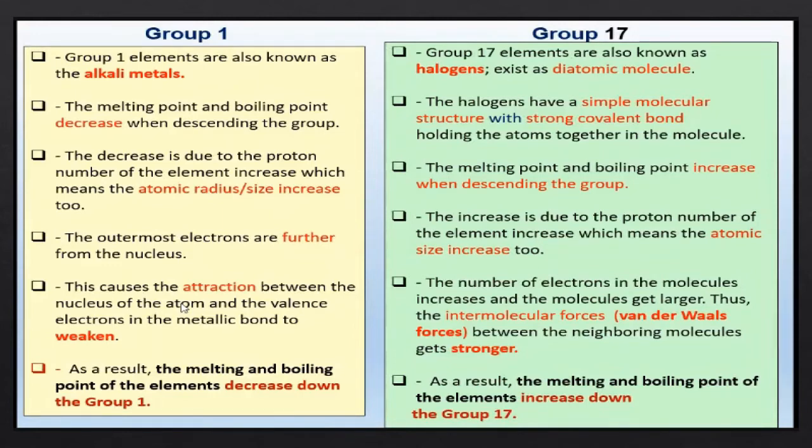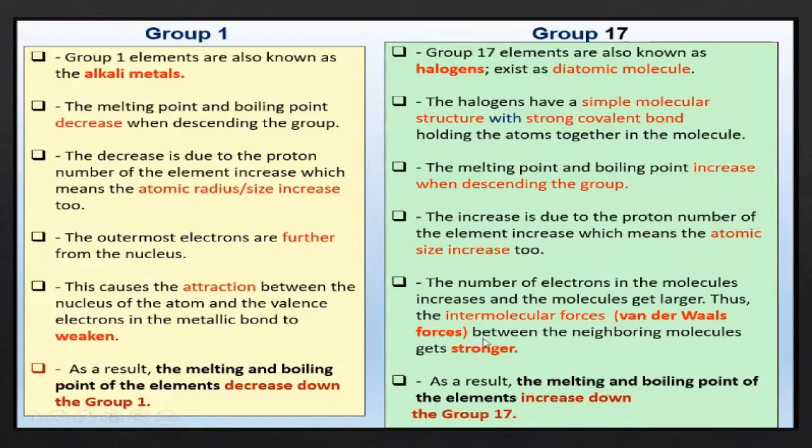At the same time, in this case, the melting point and boiling point decrease. But for group 17, the simple molecular structure has intermolecular forces which we call van der Waals forces.